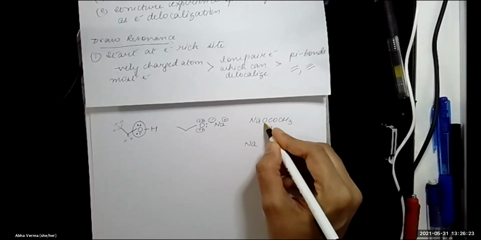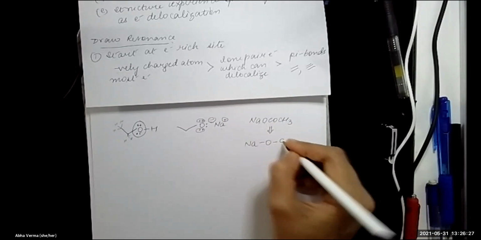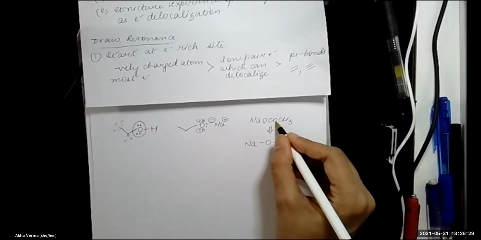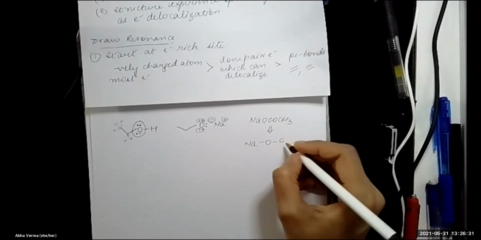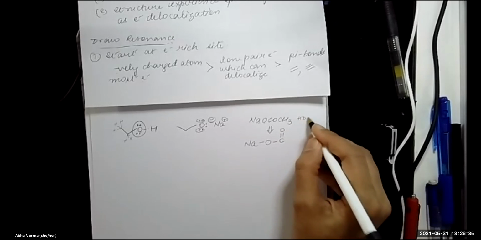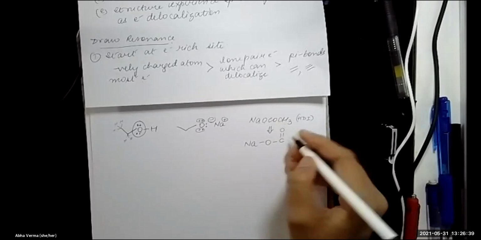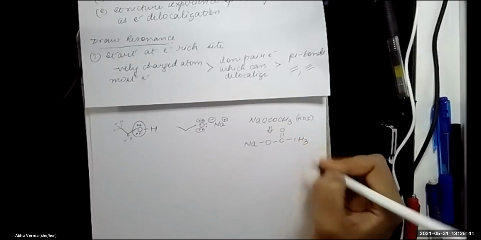Sodium is directly attached to oxygen, which is directly attached to this carbon. Now, carbon needs its 4 bonds. And I should have done the HDI before I started to write the bond structure. CH3.